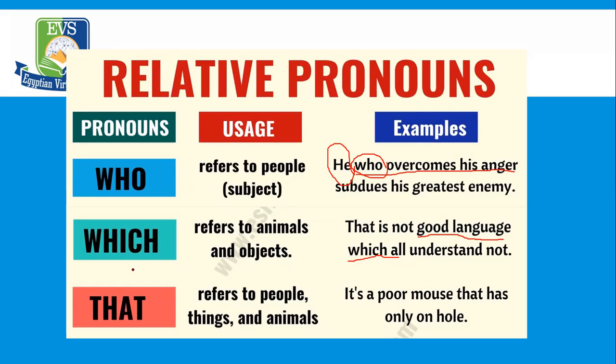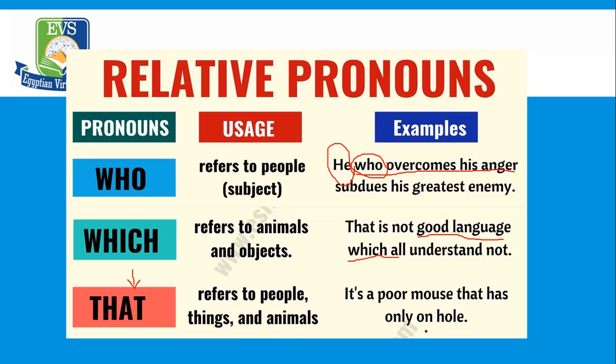Moving to the third relative pronoun here, that. And that can be used to refer to people, things, and animals. So we can describe the subject even if it's a person or something or an animal. Check this example.